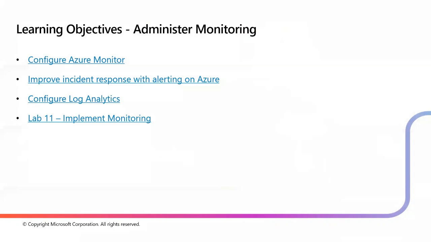Just enable all of that because it is all part of your monitoring, right? So when it comes to monitoring, we're going to talk about how you can configure the monitoring, how you can improve the incident with the alerts. So I'm going to show one of the alerts. Let's say I will power off the VM, right?